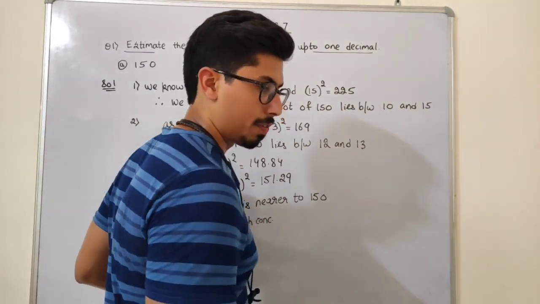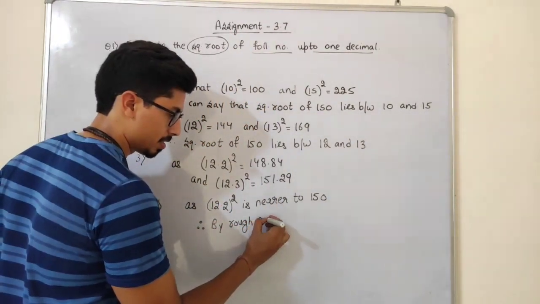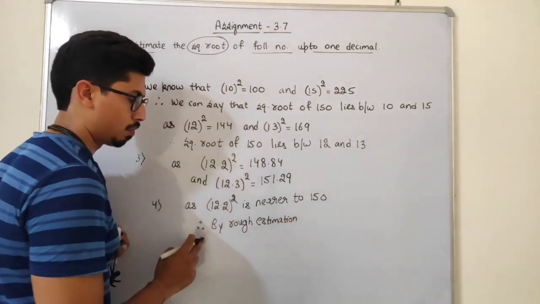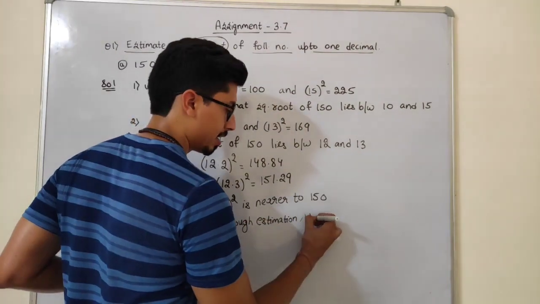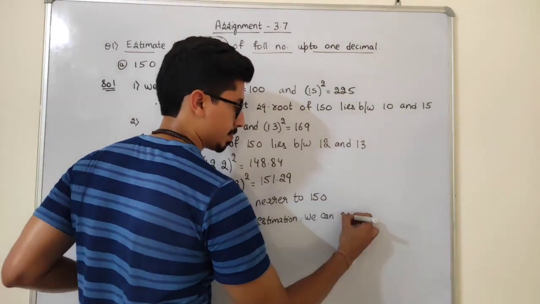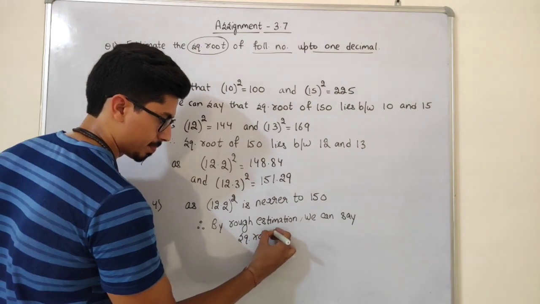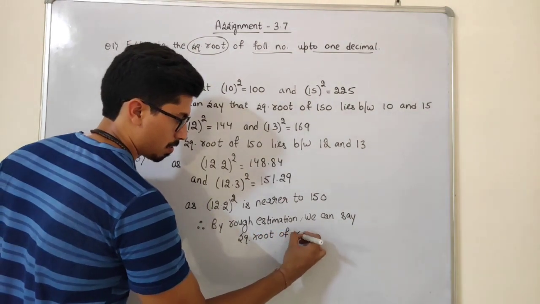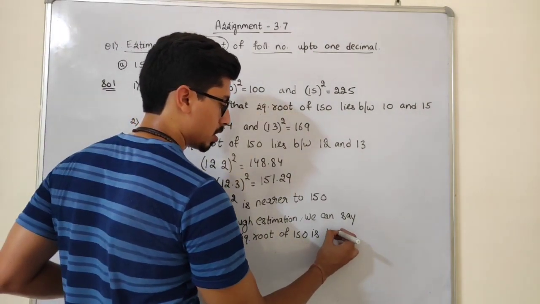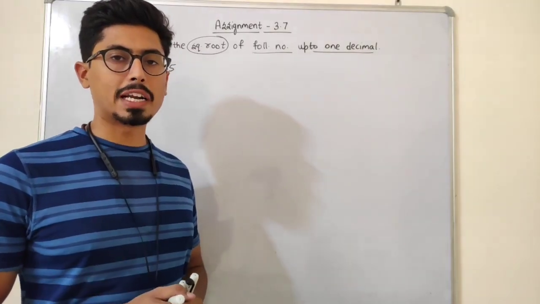Therefore, by rough estimation, we can say the square root of 150 is 12.2.